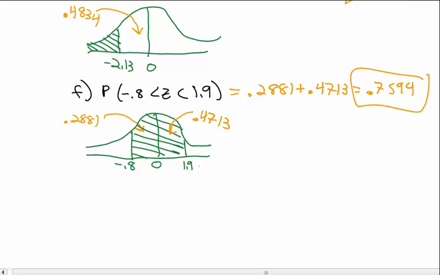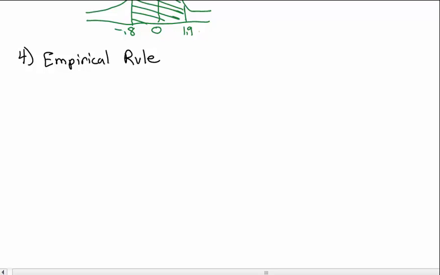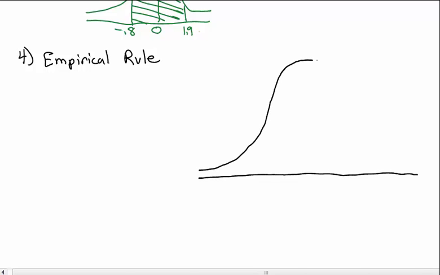I do want to touch on really quick, though, something that's called the empirical rule. It talks about how all normal distributions are kind of spread out. And so to set this up, we're going to have a big bell curve here. It's supposed to be symmetric. Work with me here.